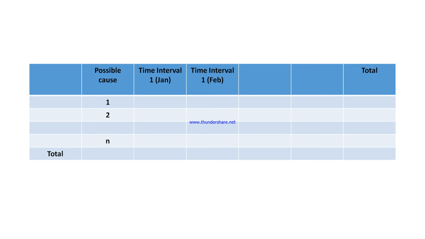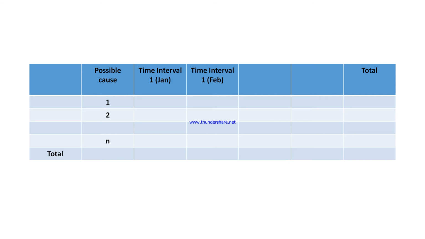I have denoted them as 1 to n, right? And then you can observe the frequency of each cause in each time interval. Let's say you are going to find the frequencies every month, so my time intervals I have denoted as January, February.